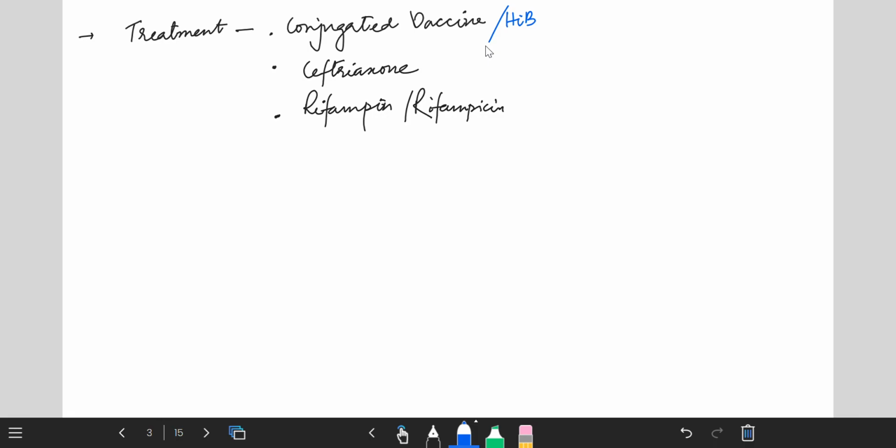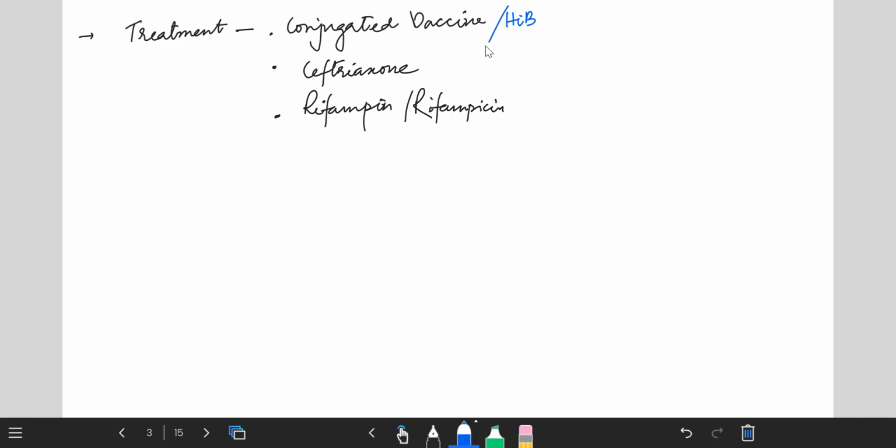I have said that a component, polyribosyl ribitol phosphate or PRP, is present in the capsule, and that ingredient can form a conjugate with any kind of antigen.